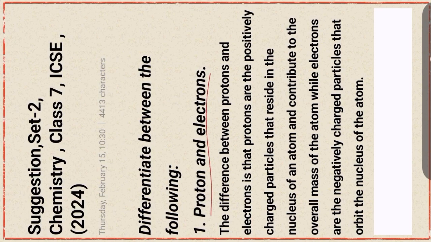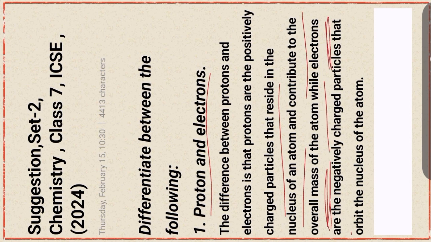The difference between protons and electrons is that protons are positively charged particles that reside in the nucleus of the atom and contribute to the overall mass of the atom, while electrons are negatively charged particles that orbit the nucleus of the atom.